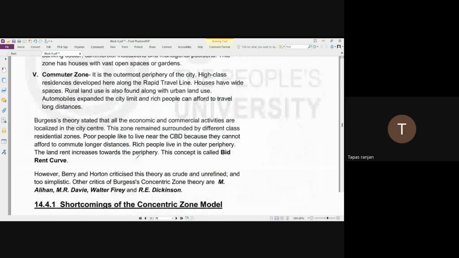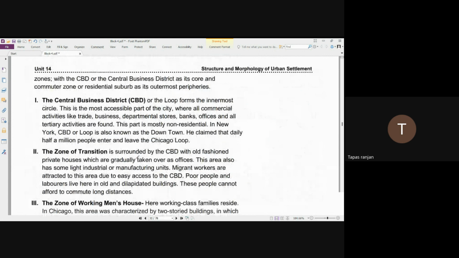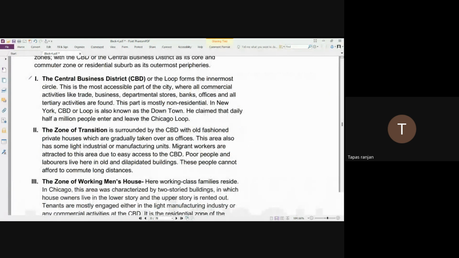Let's discuss these concentric zones. First of all, you have the CBD, and it is the innermost circle of any urban place, and this part is mostly non-residential. So what are the different things that you can find there?